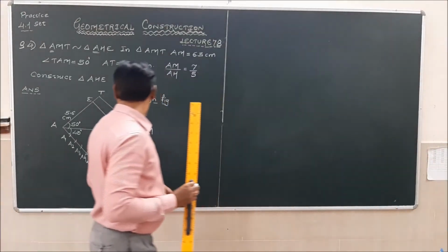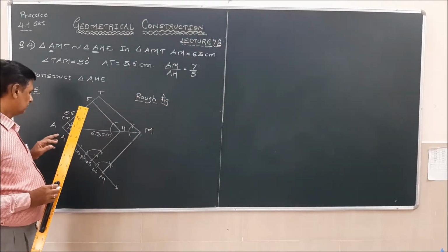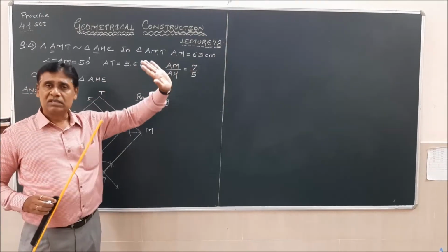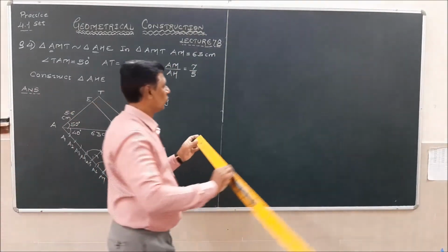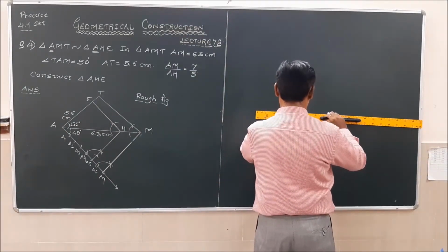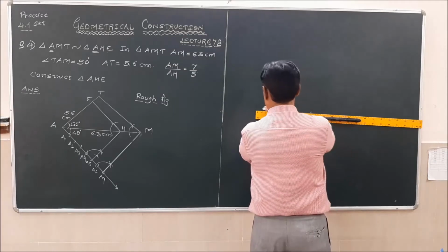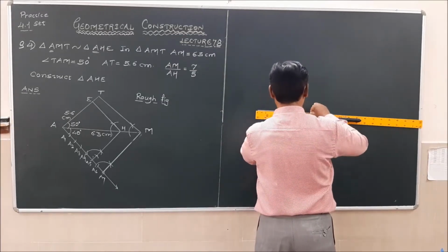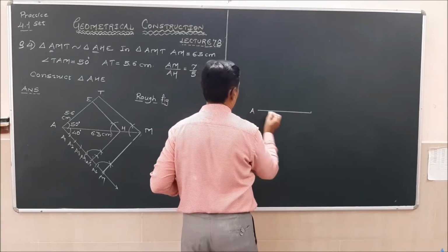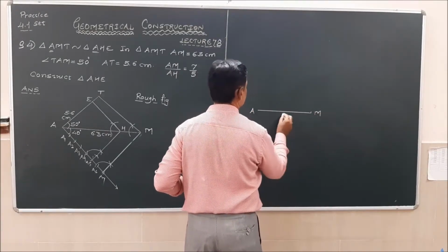Now, since you all know, we have to draw AM first. AM is how much? 6.3. Always see that you are going to draw from 0.